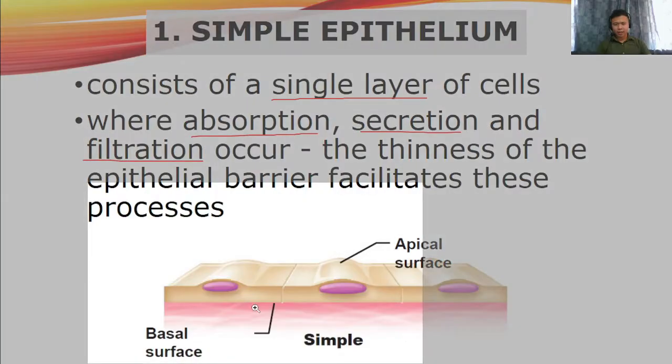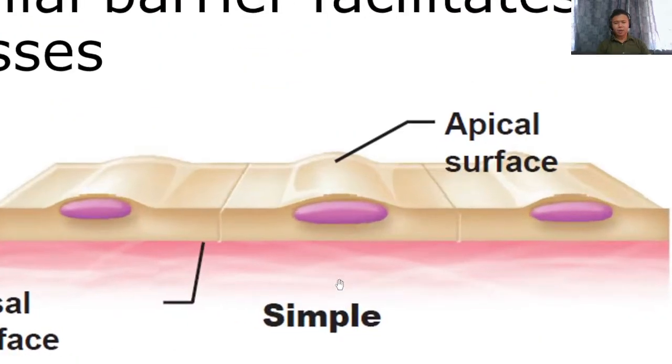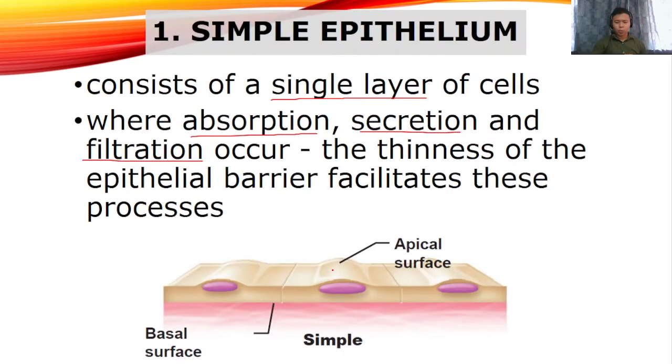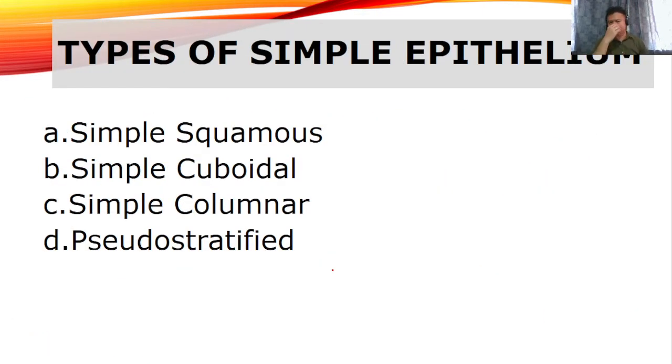It looks like this one, having only a single-layered group of cells lining up together, usually covering the organ, either on the internal or the external portion. Here we have the types of simple epithelium: squamous, cuboidal, columnar, and pseudo-stratified.